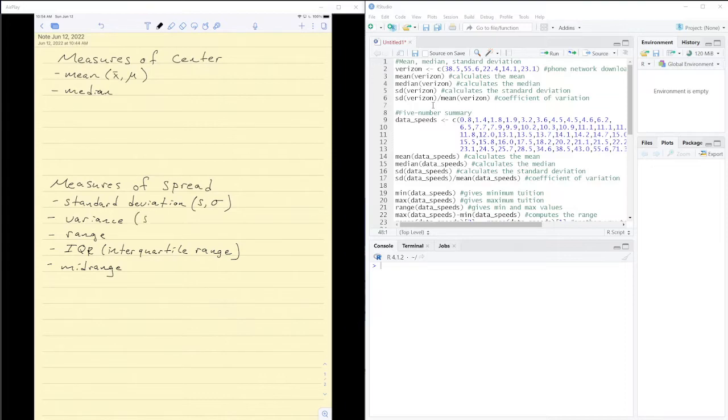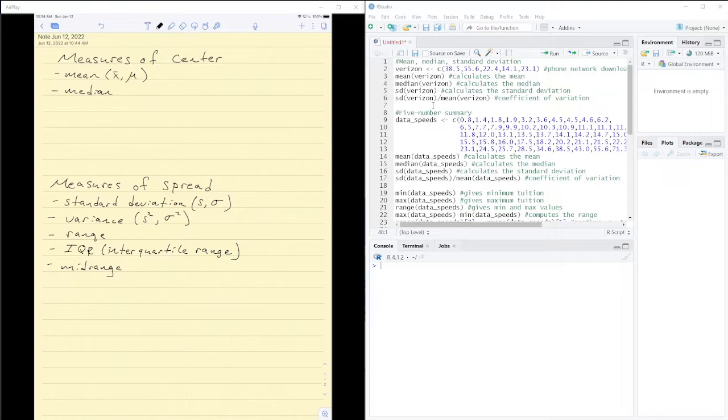Variance is usually an S squared or a sigma squared, right? Because standard deviation, if you want to find that, you can just square the variance, or vice versa, find the variance and then take the square root of that to find your standard deviation.